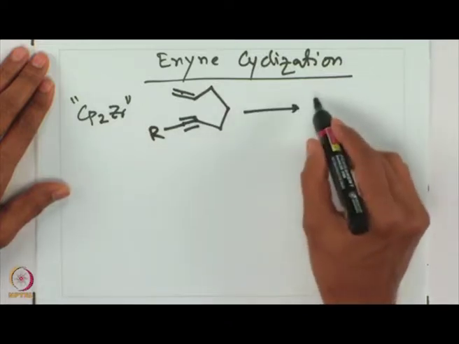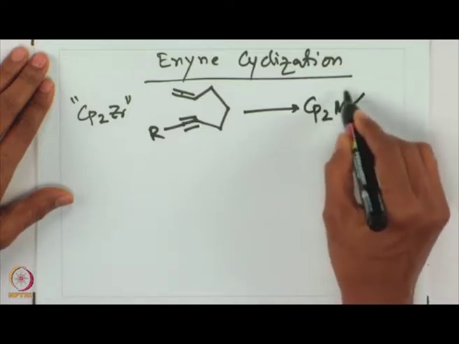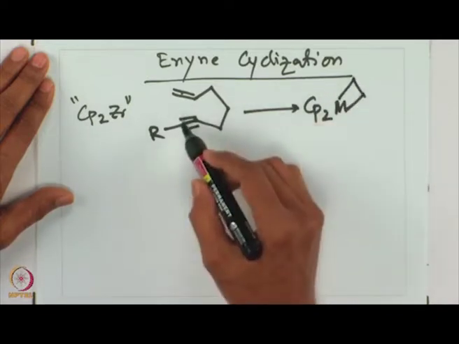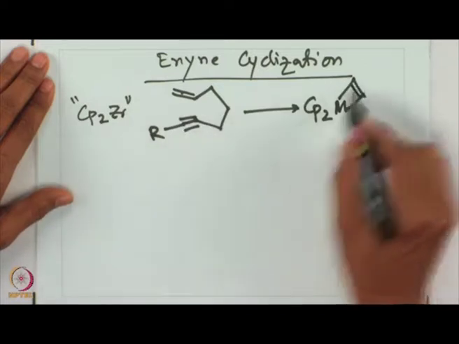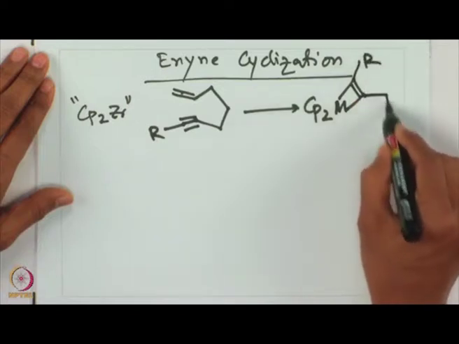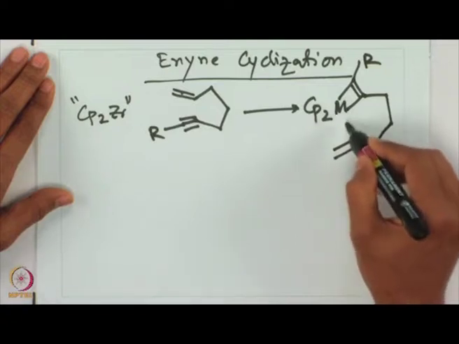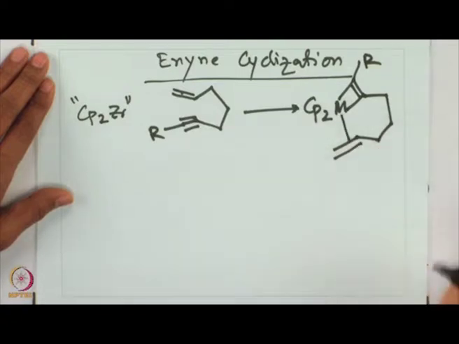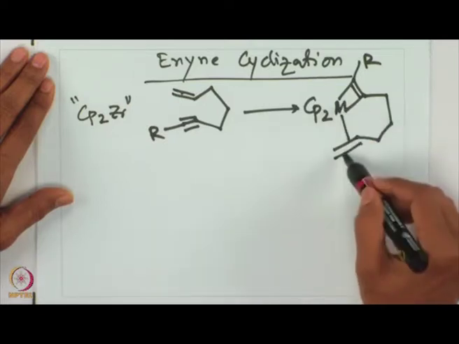From here on, the cyclopentadienyl metal reacts with this olefin and alkyne. First the alkyne will be reactive, and therefore we get the intermediate where the olefin is appended from the metal center. So, the olefin is coordinated with the metal center; you can draw that bond, the interaction between the metal and the olefin.